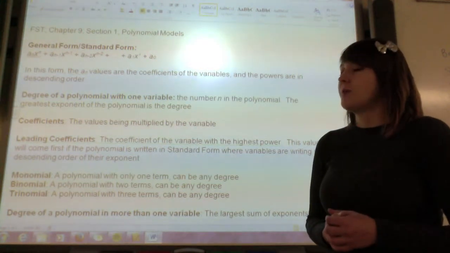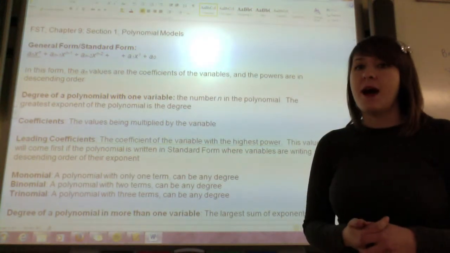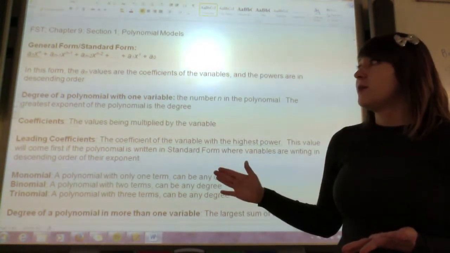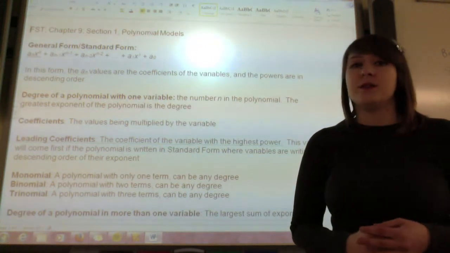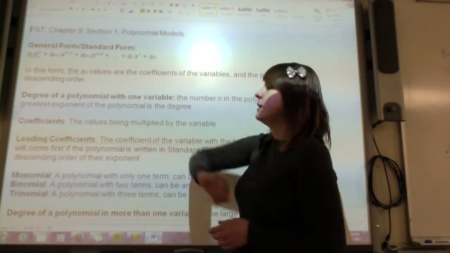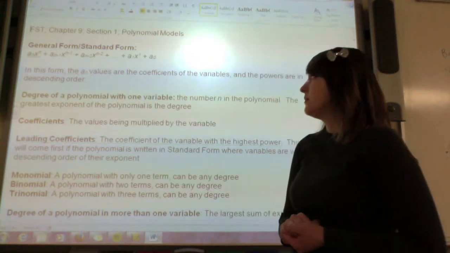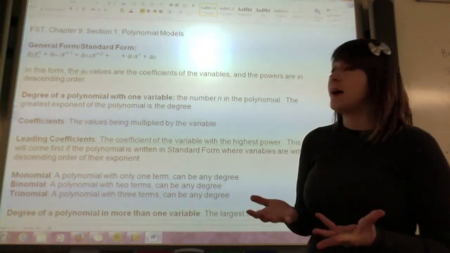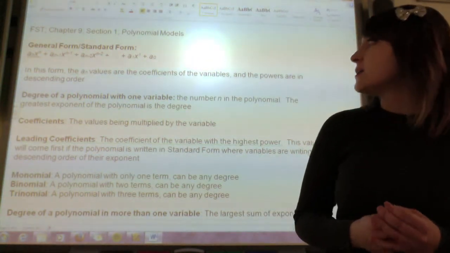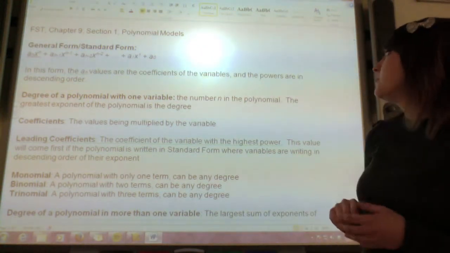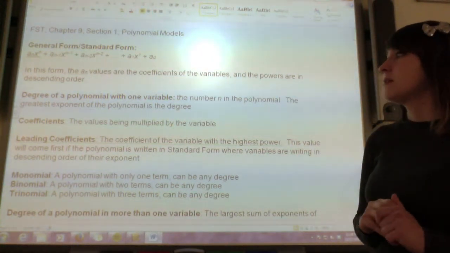So in general form, you start with the highest exponent power, and then you decrease all the way down until you get to your constant term, or the term that has no x value. Okay, so in this form, the a sub n values are the coefficients and the powers are in descending order.